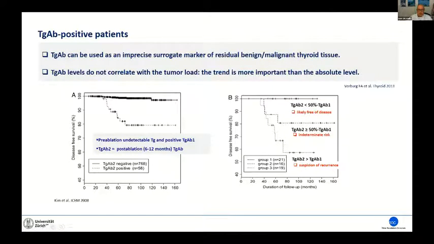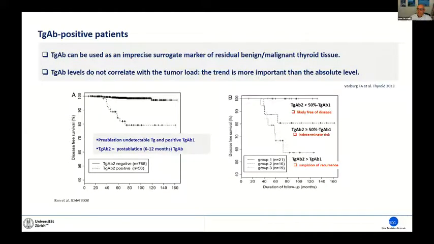It is important to remember that thyroglobulin antibodies are not a tumor marker, as antibodies are not produced by the follicular thyroid cells and cancer cells, and are a surrogate marker. They are produced by B cells and may be affected by different stimuli on B cells.